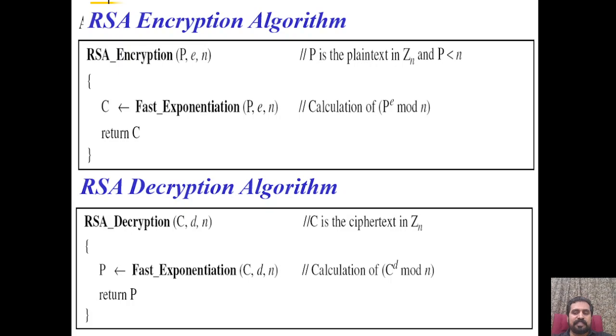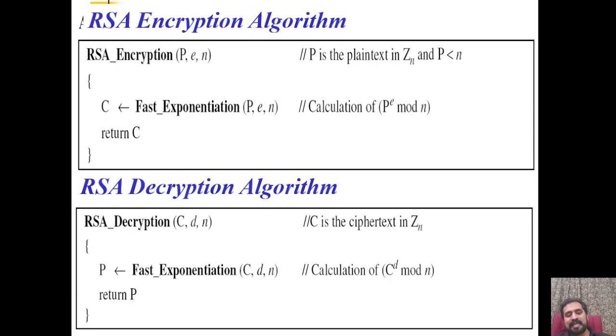Once we have an integer representation of the message, we compute the ciphertext C equal to M to the power E mod N, as in the previous slide. This can be done efficiently using a modular exponentiation algorithm such as binary exponentiation.